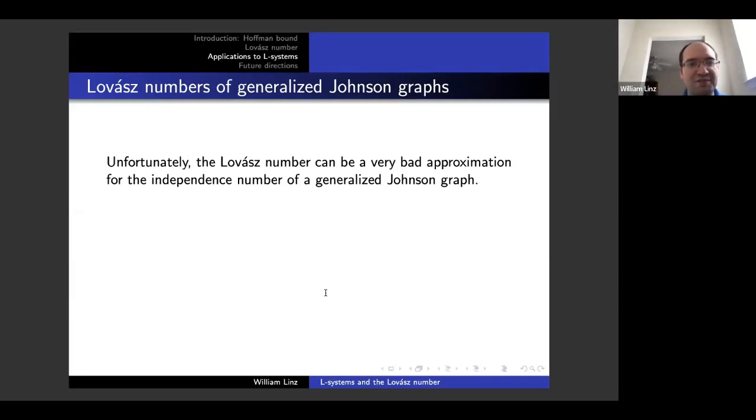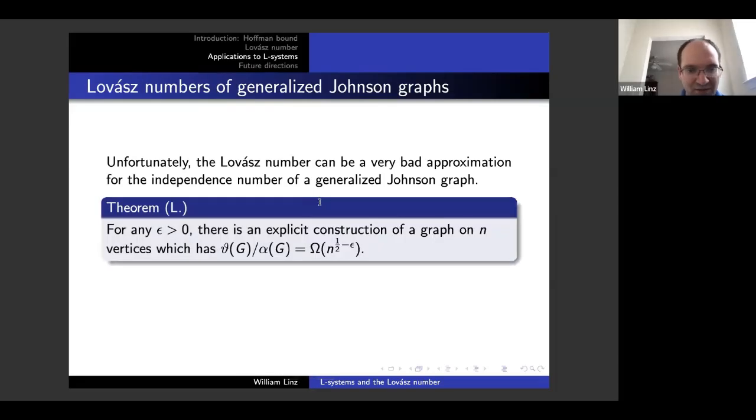Okay, so we've seen that Lovász numbers don't always give the independence number of a generalized Johnson graph. We've seen it doesn't work if n is small for the t-Kneser graph, for example. But unfortunately, the Lovász number can be a really bad approximation for the independence number. I'm going to give an example now. This theorem is phrased a little more generally, but the example will come from generalized Johnson graphs.